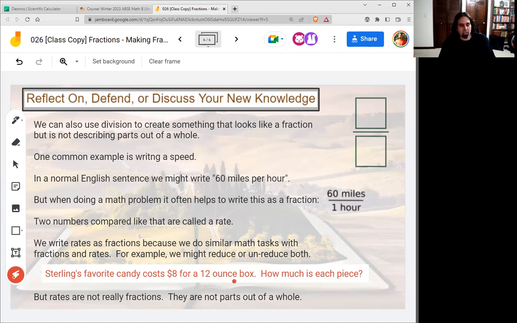By the way, if it was $8 for a 12-ounce box, how much would each piece be? How would I solve that?